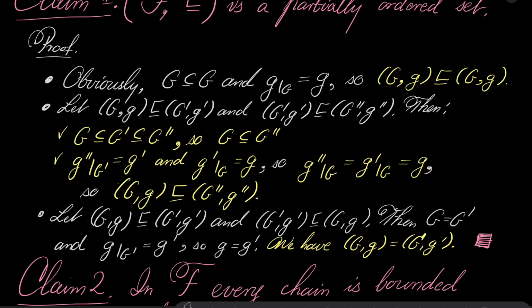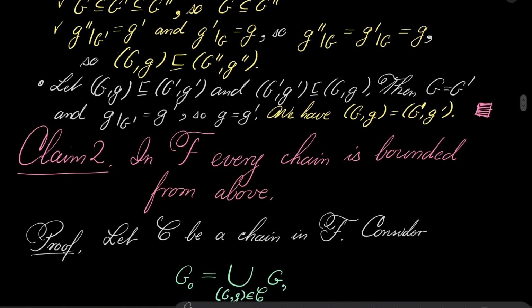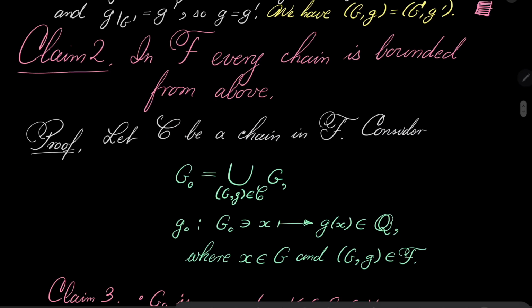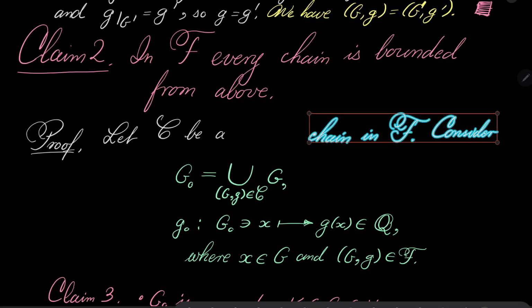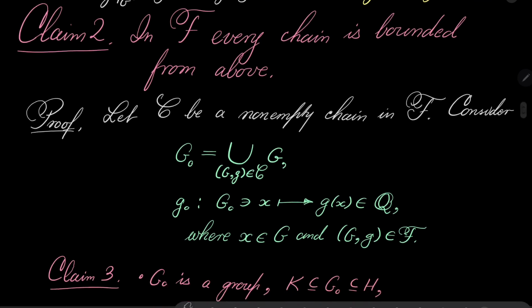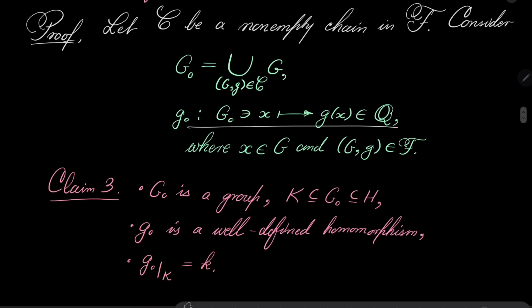Second claim, harder one. I claim that every chain is bounded from above in our family. Proof. Let C be a non-empty chain, because for empty chains it's trivially true. I define this set G0 to be the sum of all subgroups G, where G is in our chain, and G0 is this mapping right here.